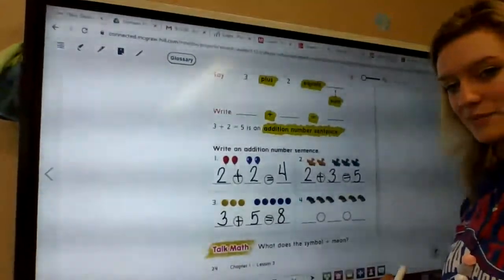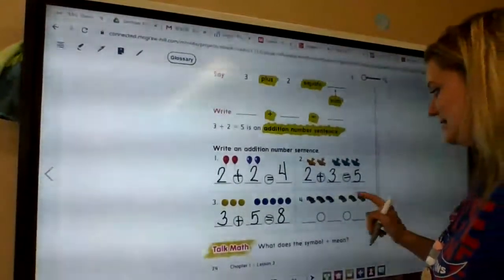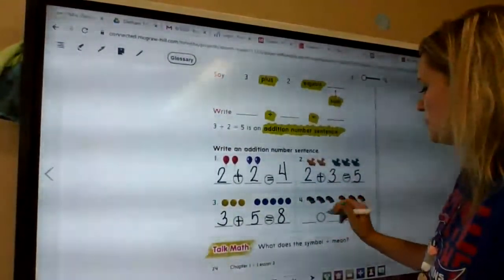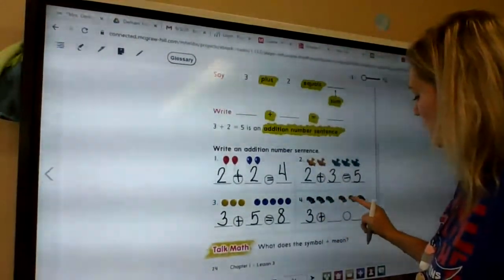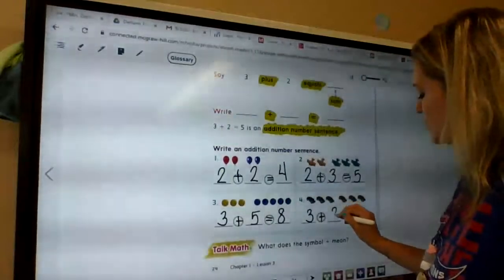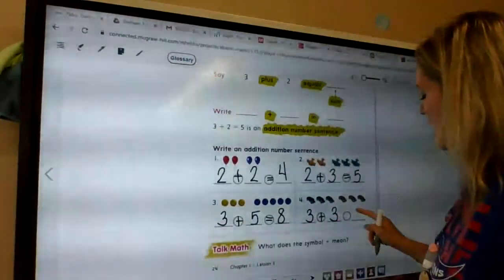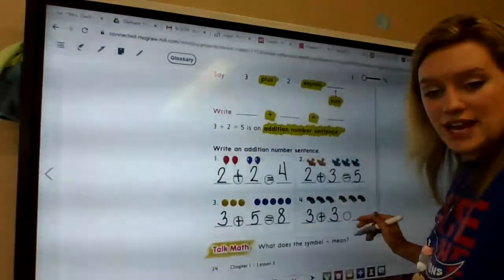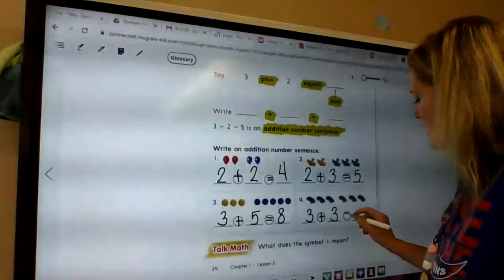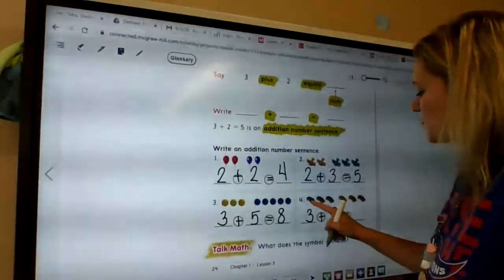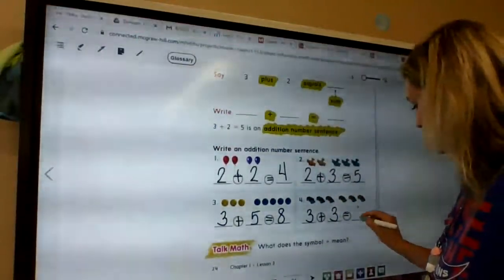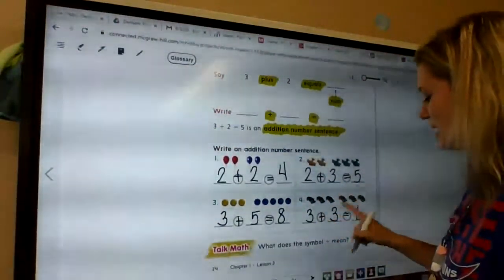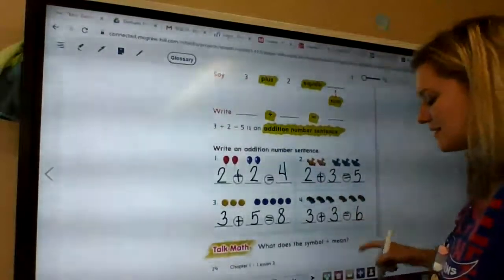All right, the last one is some cool silver and gold cars. So we have 1, 2, 3 silver cars plus 1, 2, 3 gold cars. And I want to know how much it is all together. So I got to put my equal sign. Equals, 1, 2, 3, 4, 5, 6. 3 plus 3 equals 6.